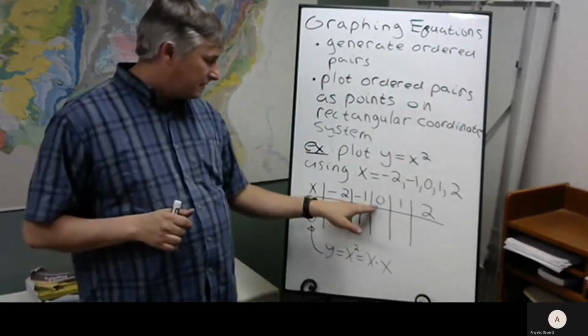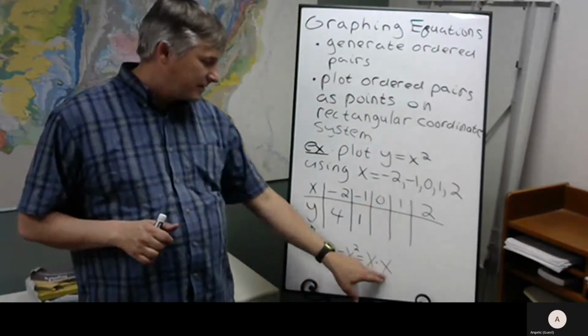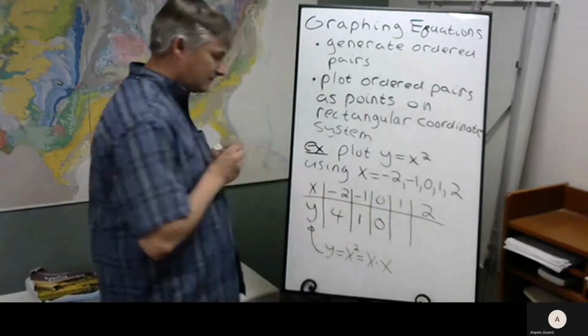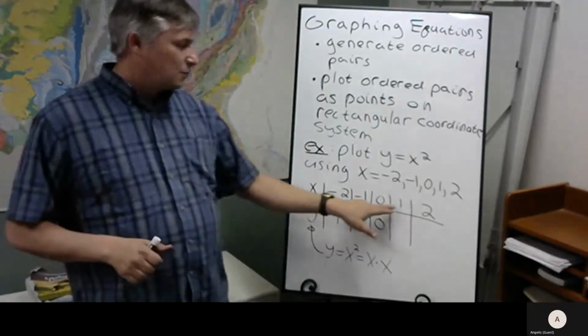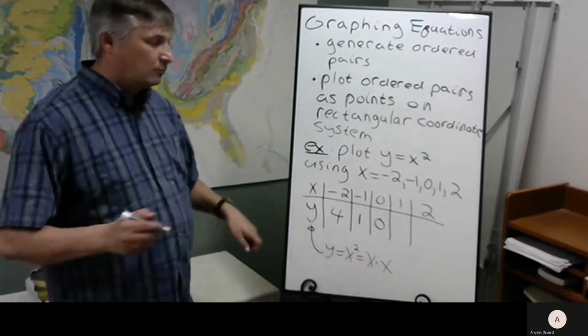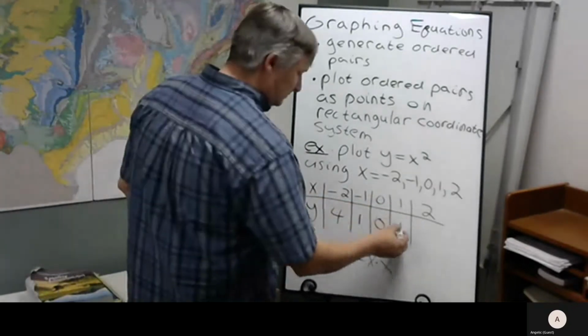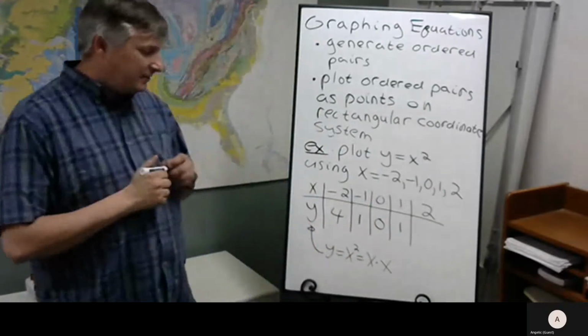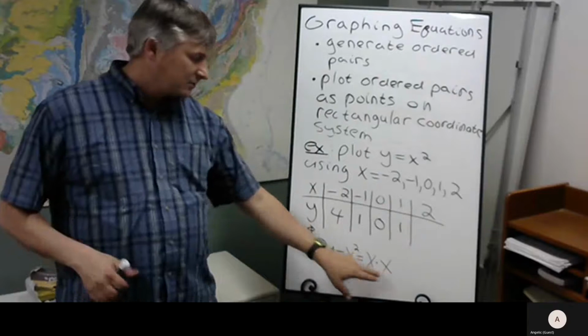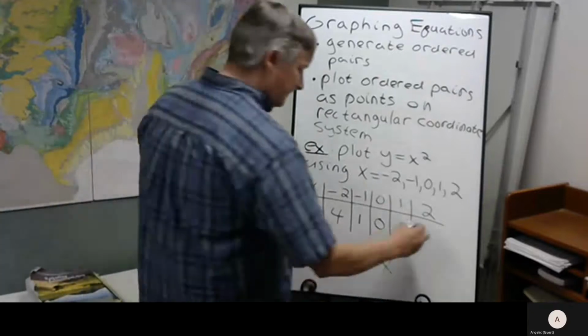Now if x is 0, then y is 0 times 0, or 0. If x is 1, y is 1 times 1, which equals 1. Finally, when x is 2, y will be 2 times 2, or 4.